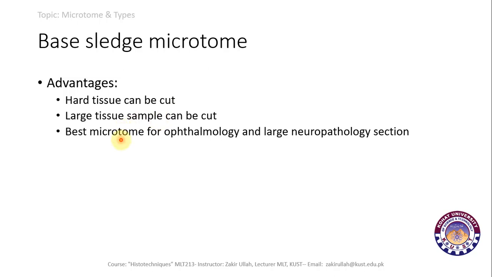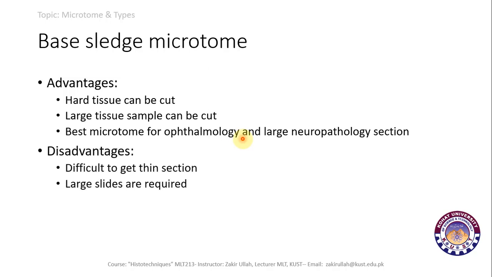It is the best microtome for ophthalmology or large neuropathology sections, because eye specimens are slightly harder. Therefore, these specimens can be easily cut with the help of this base sledge microtome.